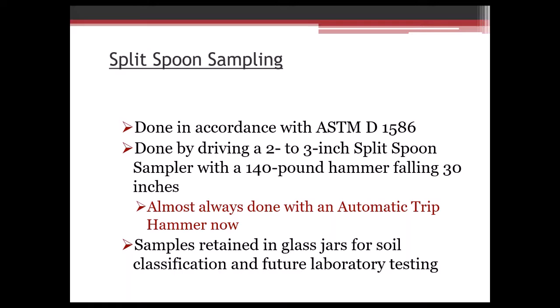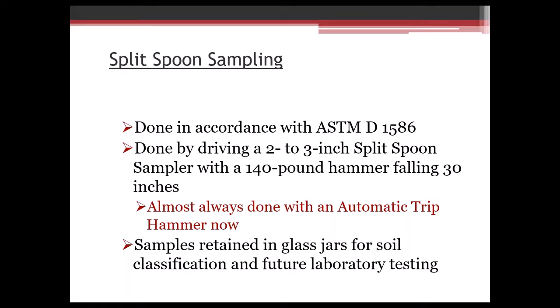These days, it's almost always done with an automatic trip hammer now, which has a 140-pound weight that's lifted with a chain fall system that's run by hydraulics. The reason we do that is to get consistency. In the, I'll call them the old days when I started here 20 some years ago, what we did was mostly a cat head and rope, where we had a cat head that spun and you had a rope on it and the driller pulled it, raised the hammer 30 inches and let it fall.